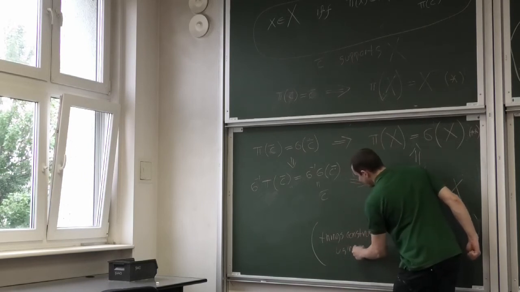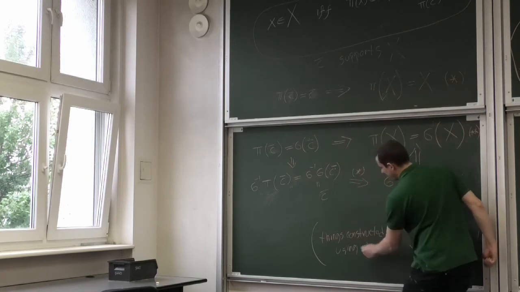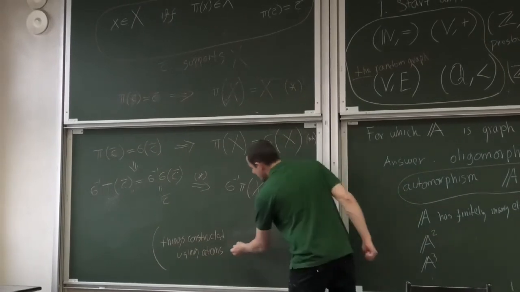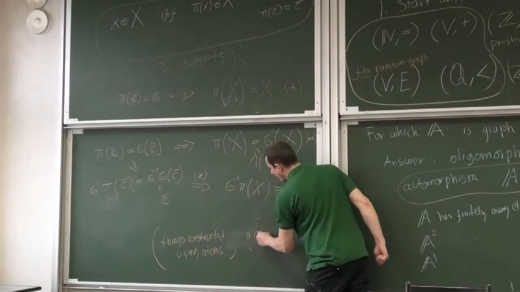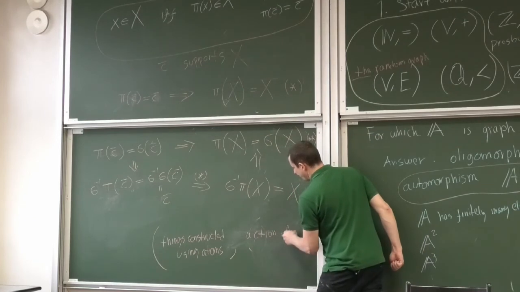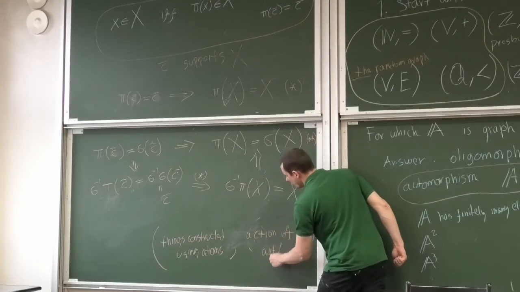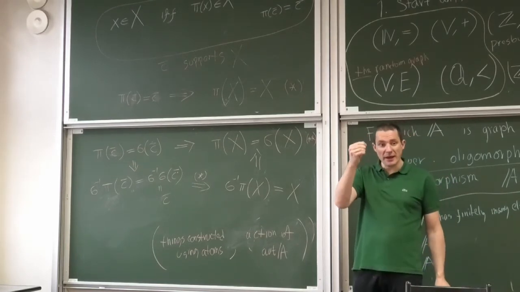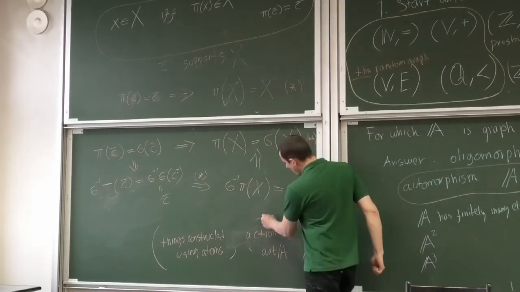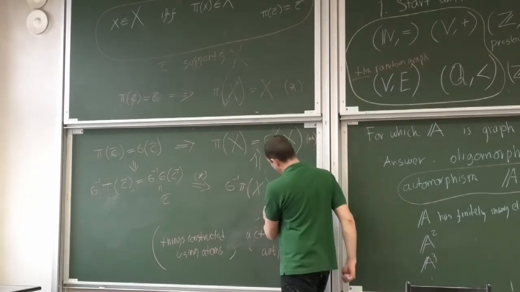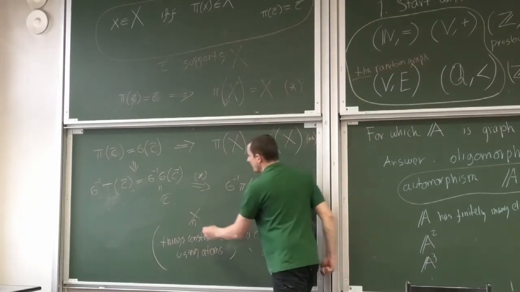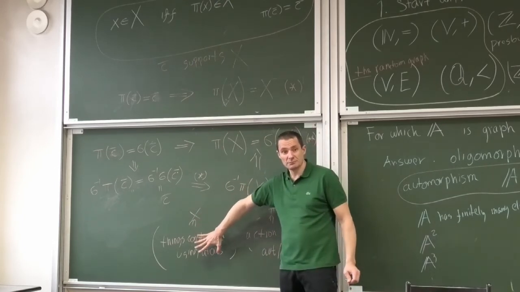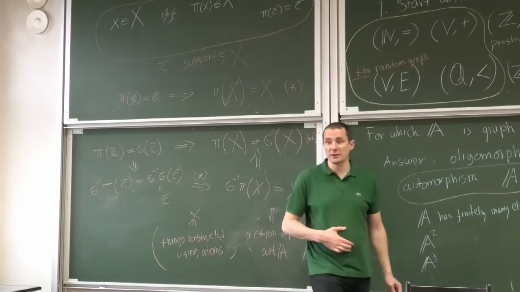Let me be vague about what that means. And then on this space, there is an action of the automorphism group. So for every pi, if you take an x here, then you can apply pi to x and get a new thing constructed with atoms. Yes, that's what's happening here.